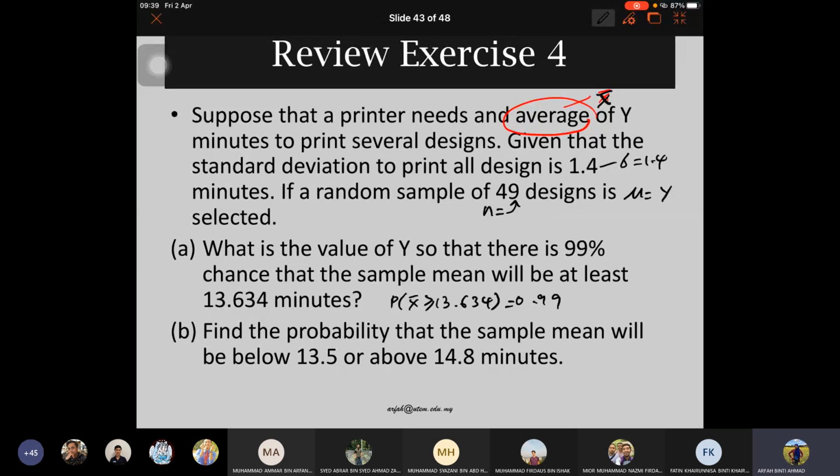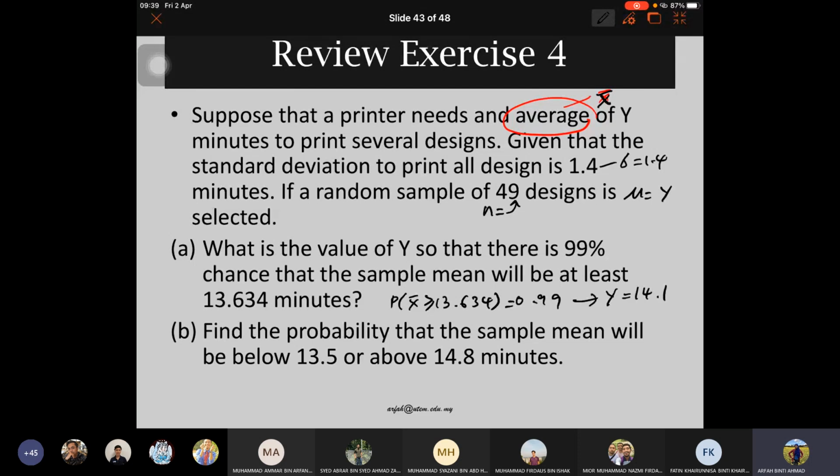So I want you to try this exercise by yourself. I give you the final answer. Y akan sama dengan 14.1. Okay.